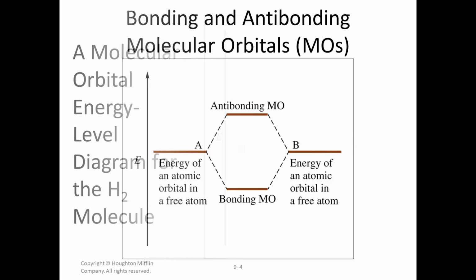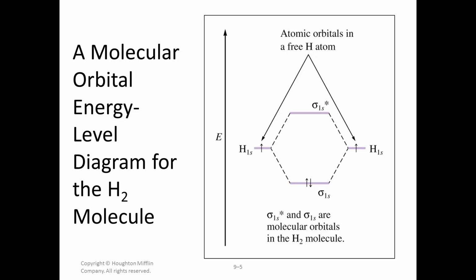We represent the antibonding by a sigma star. The subscript 1s tells us that that sigma molecular orbital was made by the combination of 1s atomic orbitals. We could actually write a molecular orbital electron configuration for molecular hydrogen. It would be sigma 1s2.